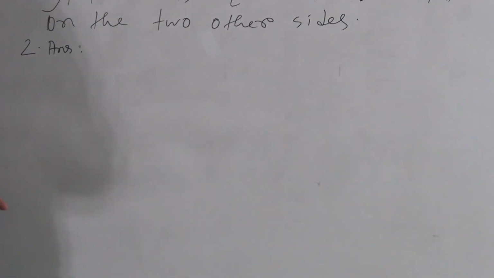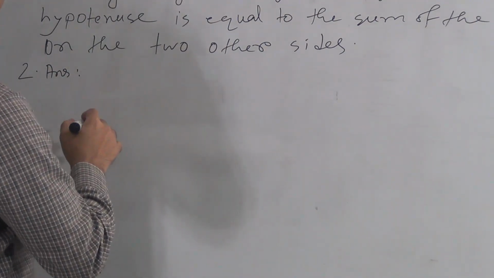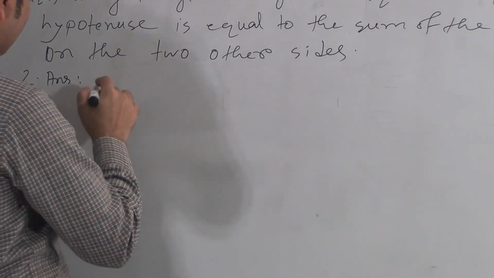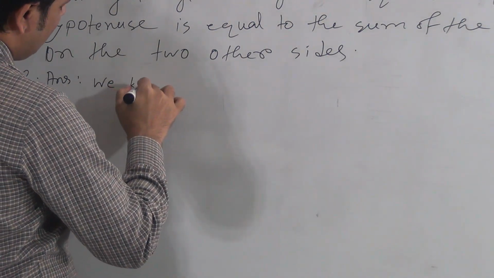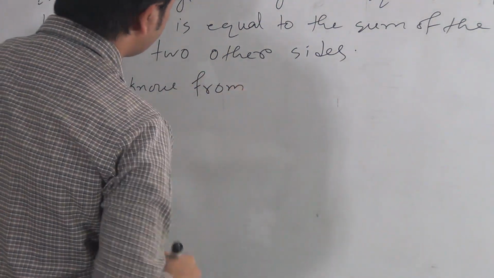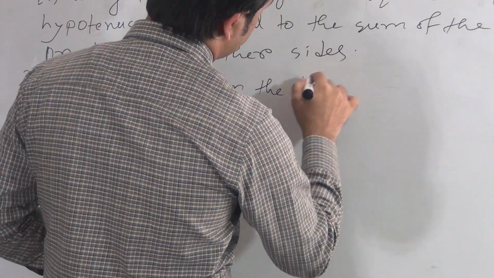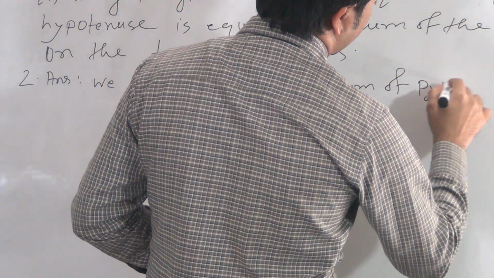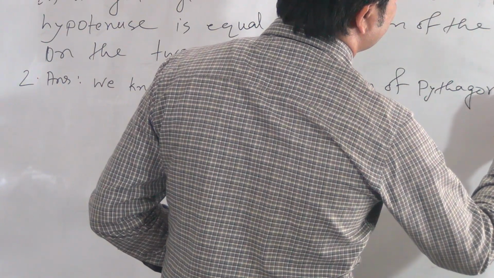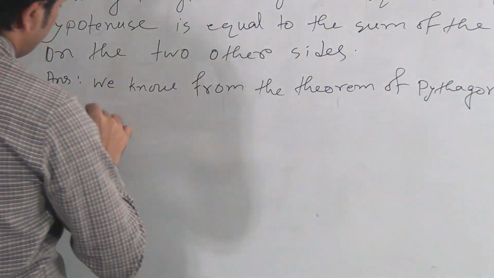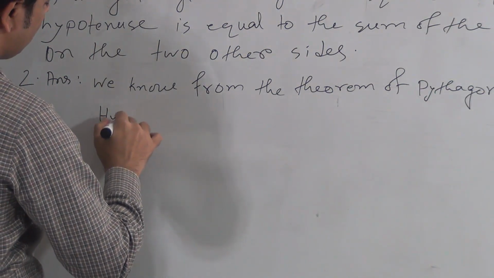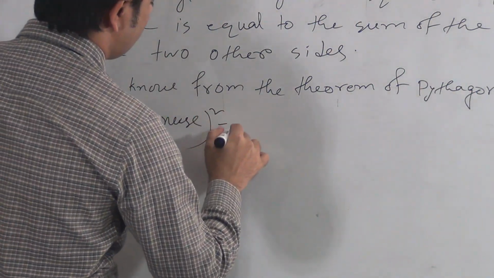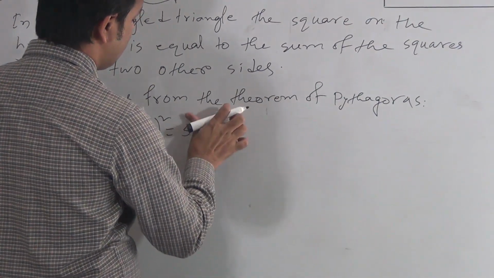According to Theorem of Pythagoras, you know that the area of the square drawn on the hypotenuse, from the Theorem of Pythagoras, hypotenuse square is equal to sum of the squares of other two sides.